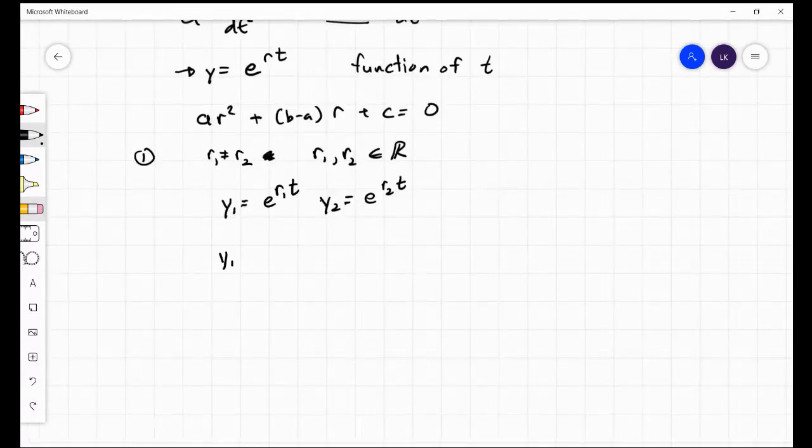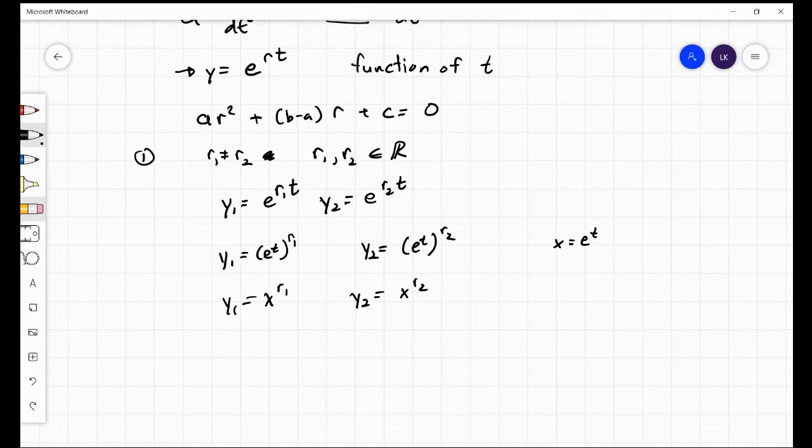But note that this is e to the t raised to the power r1. The second solution is e to the t raised to the power r2. And we said that e to the t is x, that's the way we defined x. So this is x to the r1, and y2 is x to the r2. Okay, so that took care of the distinct real roots case.